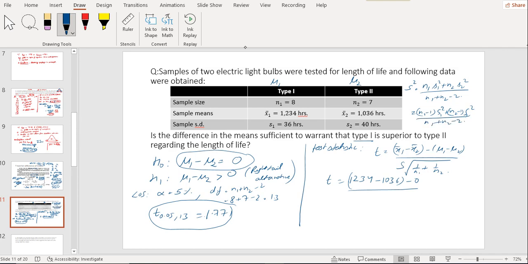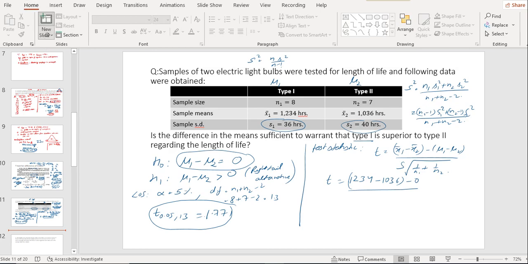The relation between small s and capital S is that capital S square is n small s square upon n minus 1, so I can multiply across, and this is the relation here. Because the sample standard deviations small s1 and small s2 are given, we are using this formula to calculate capital S square. Firstly we calculate capital S square and then substitute its value in the test statistic formula.